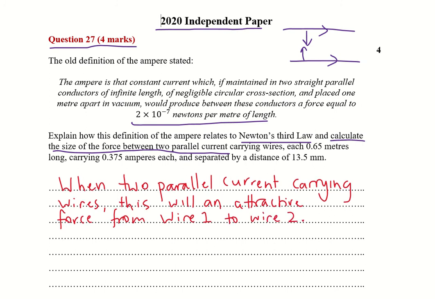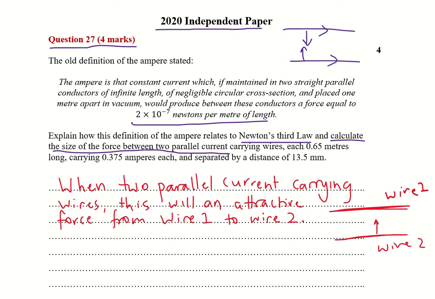This could be a push or pull towards wire 1 to wire 2. So that essentially, if I try to draw that out, we have wire 1 here and we have wire 2. So in the first scenario we said is wire 1 is going to exert an attractive force on wire 2, so that pushes wire 2 up.